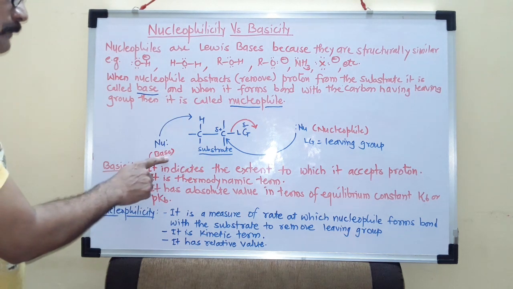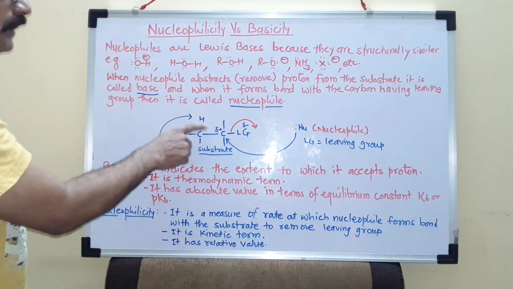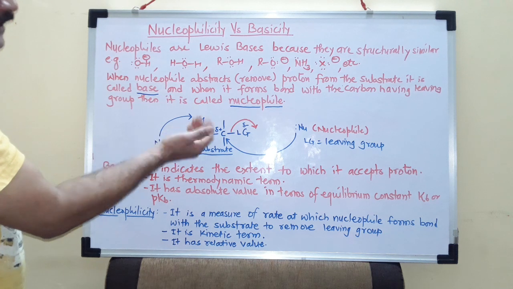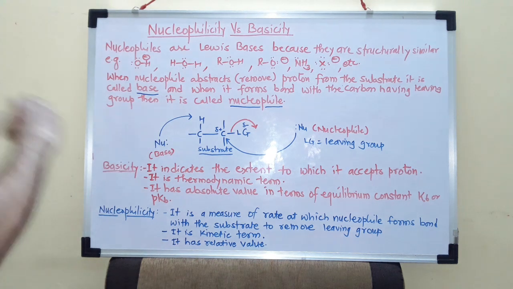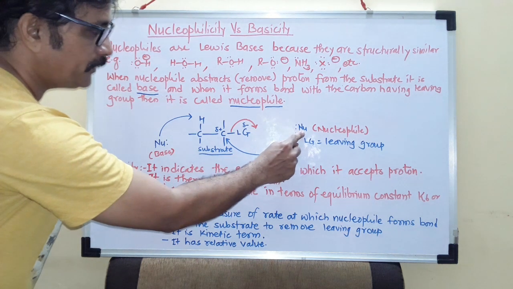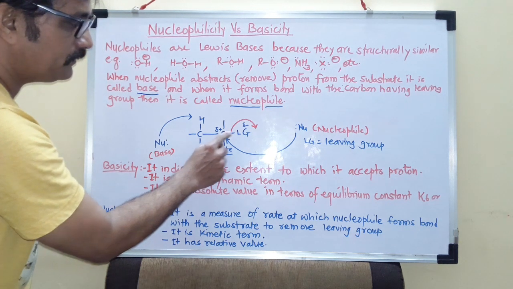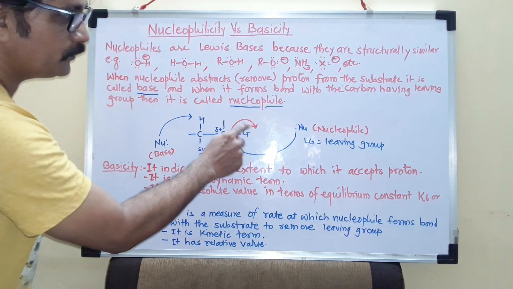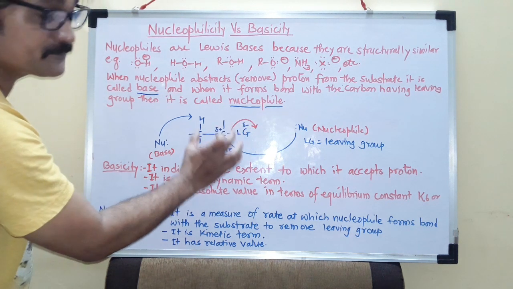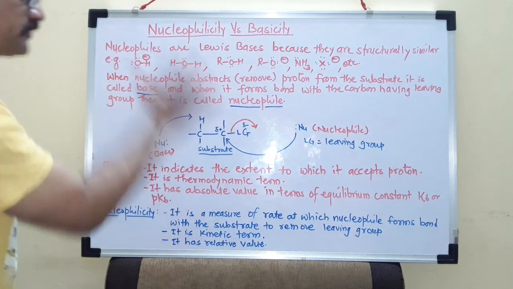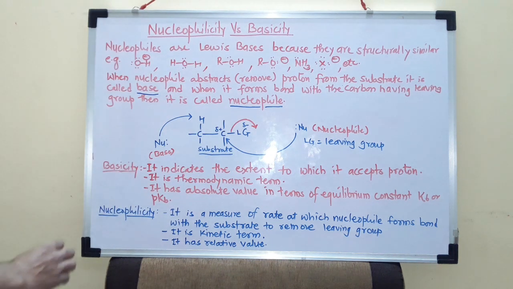If it acts as a base, it will remove a proton and it will be an elimination reaction, that we have seen in my previous video. But when this nucleophile attacks this carbon and the leaving group goes away, that is called a substitution reaction, a nucleophilic substitution reaction.